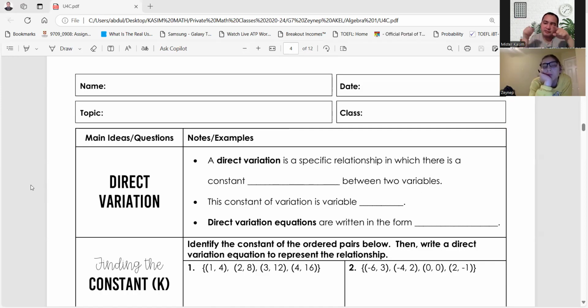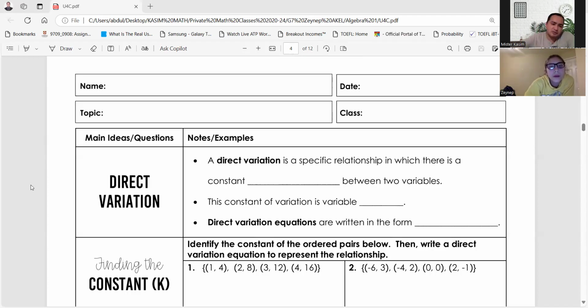So now these two things, number of hours and amount of money you earn, are increasing at the same rate, right? If you double the amount of time, your earning will also be doubled. If you triple it, it will also be tripled. So if we have two quantities that change at the same rate, we say that x is directly proportional to y, or y is directly proportional to x.